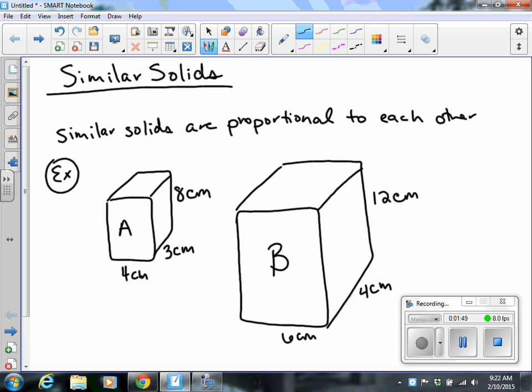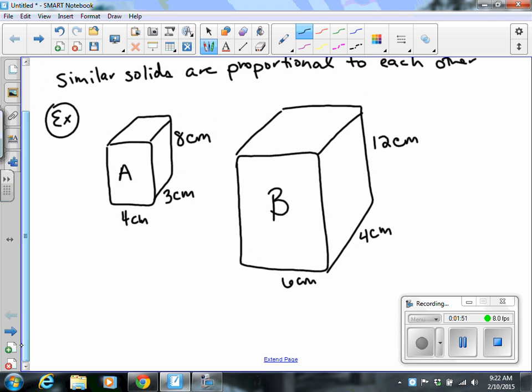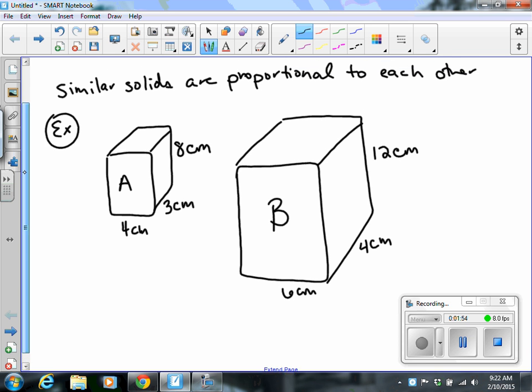If I were to truly have them proportional to each other, the height would be the same ratio as, say, this front part, like the 4 to the 6.